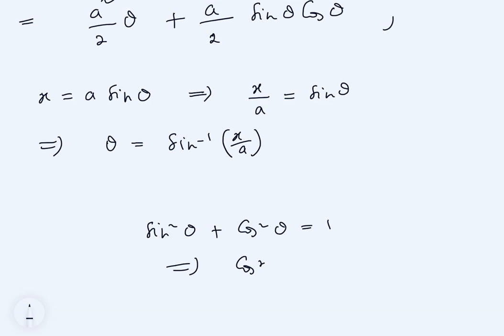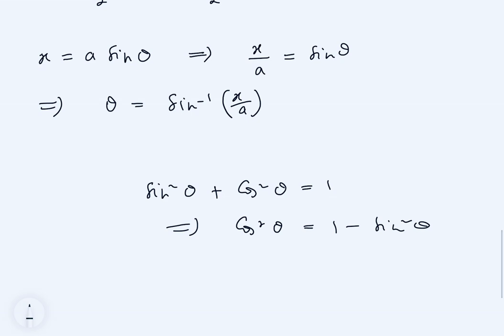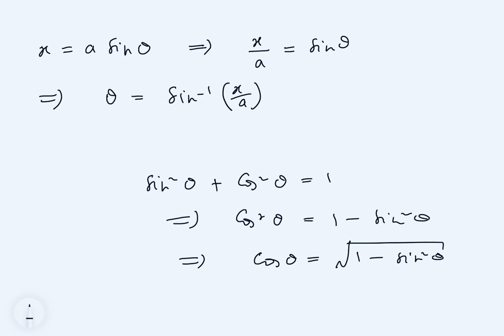Solve for cos squared theta, and you'll get that cos squared theta is equal to 1 minus sine squared theta. We've used this identity before, we're just using it again. And of course, if you square root both sides, you'll find that cos theta is equal to the square root of 1 minus sine squared theta. Okay. So now we've written cos theta in terms of sine theta.